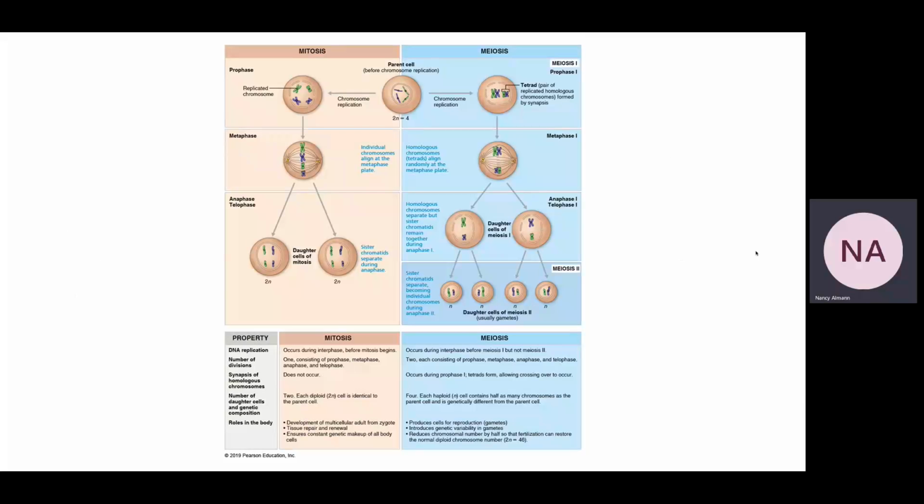That shows you what's happening, and gives you information about the number of chromosomes during each step. We will see that the stages are named similarly: prophase, metaphase, anaphase, telophase, except in meiosis, we'll have those happening twice. This is a great little chart here, so make sure you take a look at that.